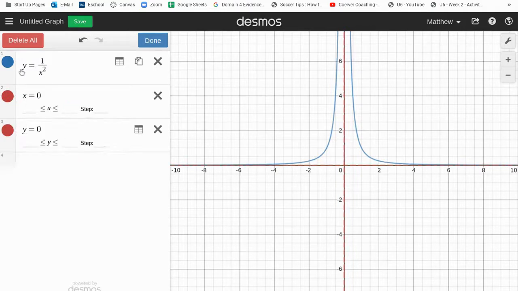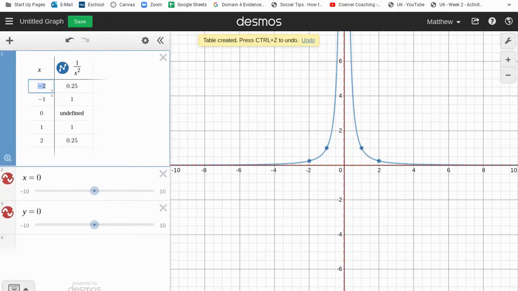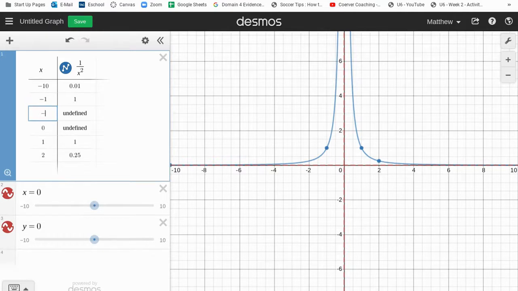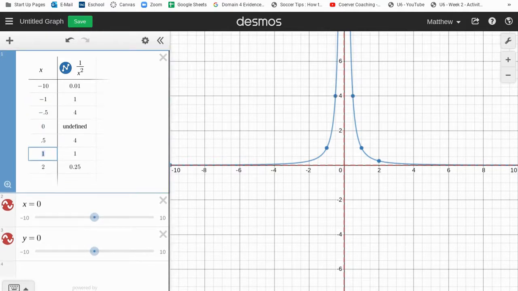So this is a good place to start every time you put in an equation now. Okay, going ahead and putting x equals 0 and y equals 0. I need some points. So again, I need -10, -1, -0.5, 0.5, and 10.